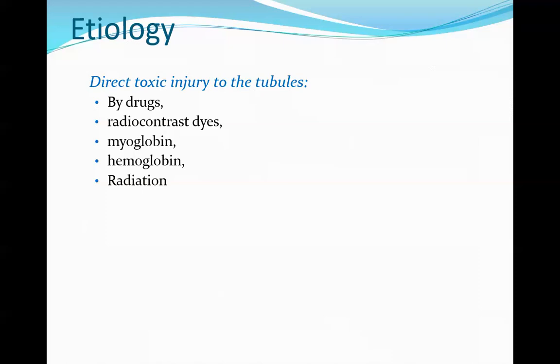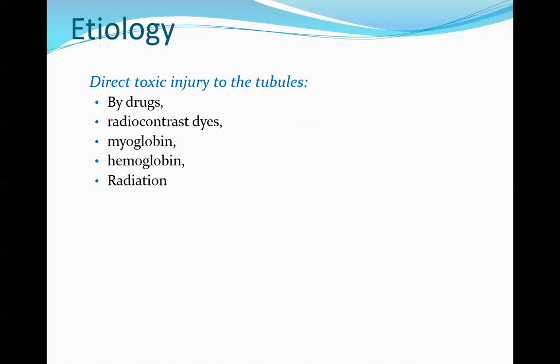Basically you are looking for the obstruction, right? At which level the obstruction is. For example, if there is a stone in a ureter, then the dye will not pass through the ureter there, and it will show hydronephrosis of that side of the kidney. So this IVP is basically toxic for the tubules.